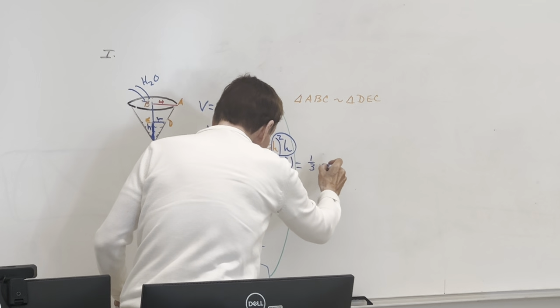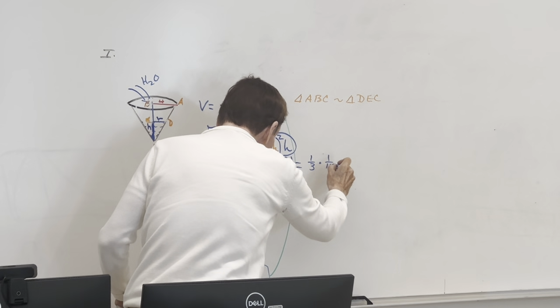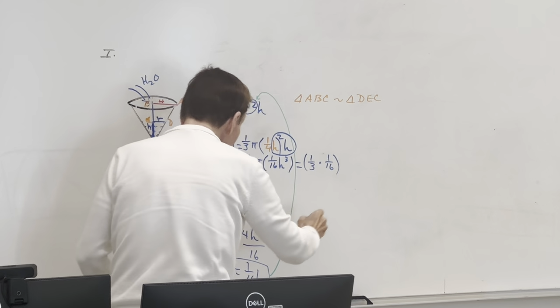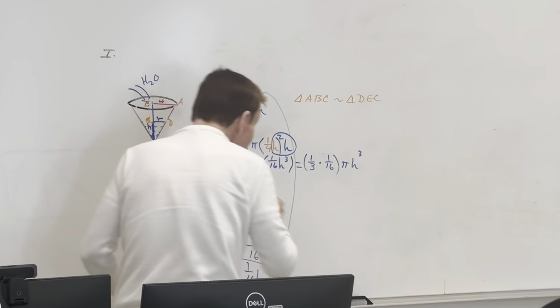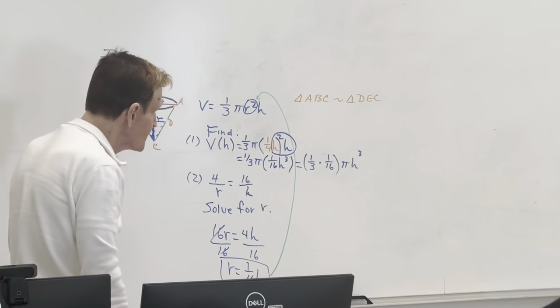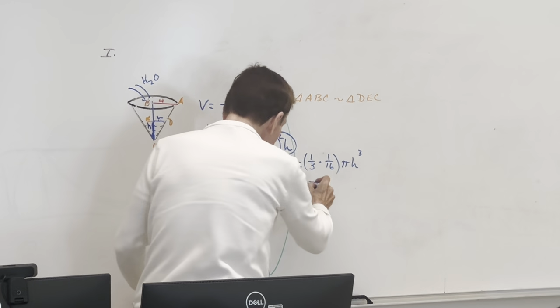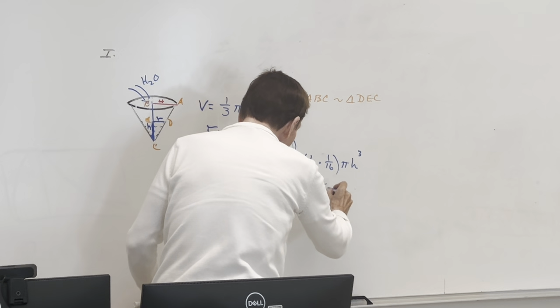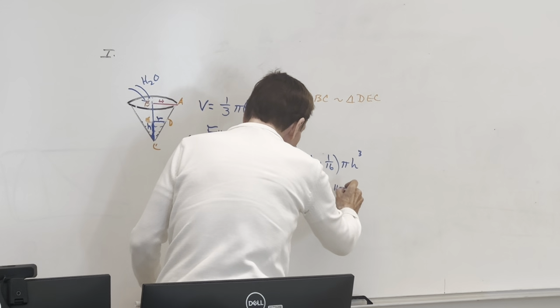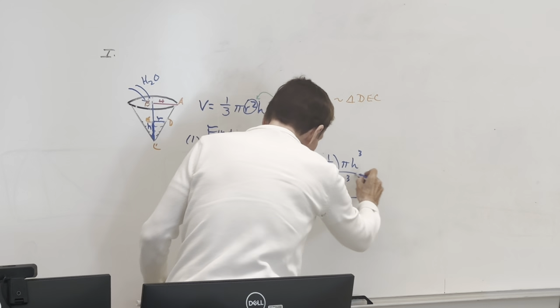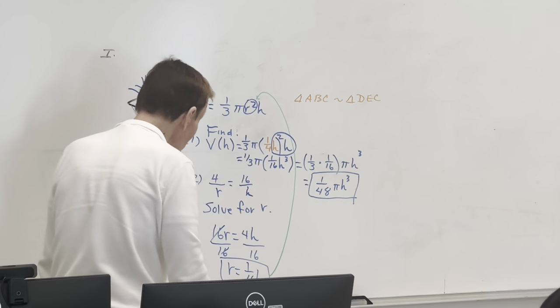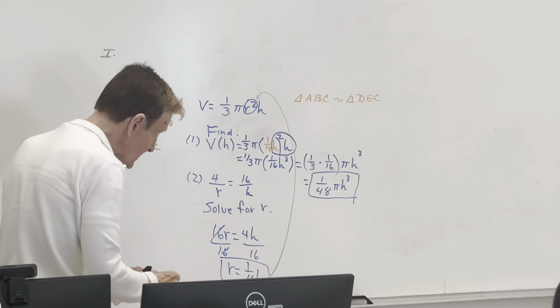Let me group those numbers: I have a 1/3 and a 1/16, and I have a pi H cubed. Let's clean this up. That's 1/48 pi H cubed. And that's what we were looking for as a final answer.